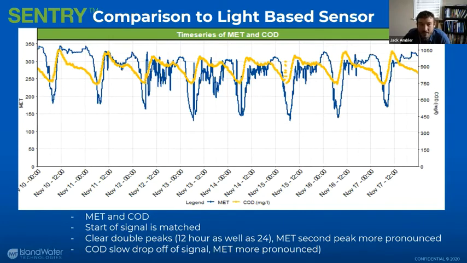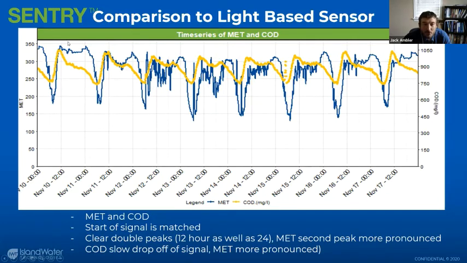So yeah, you can kind of see the response. This is about a week's worth of data. You can see certainly the immediate pickup with the data happens pretty much coinciding with the SENTRY data. You can certainly see the 24-hour cycles for each day.